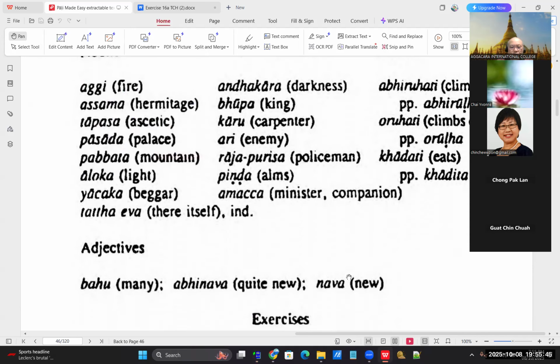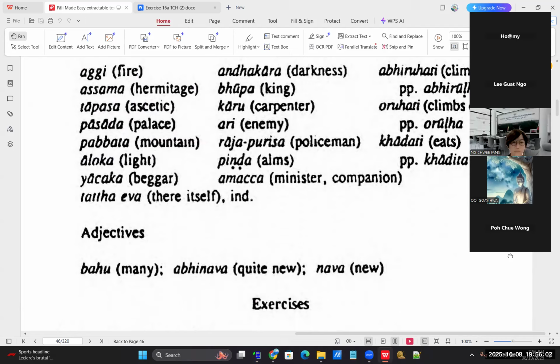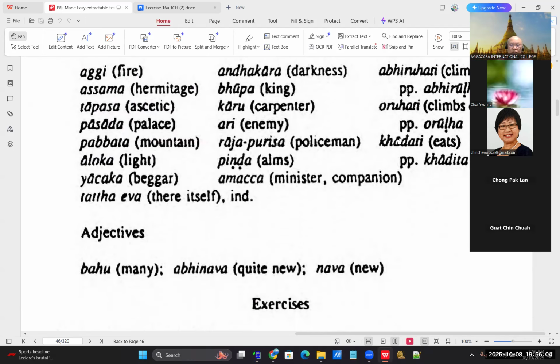Okay, I think this is not so difficult. So bahu, many, abhinava, quite new. Nava is new. So you can see the word nava. Look at the English word new. You have the N and then W, which sounds quite similar to V. So new and nava are actually quite related to each other. You can see V and W.